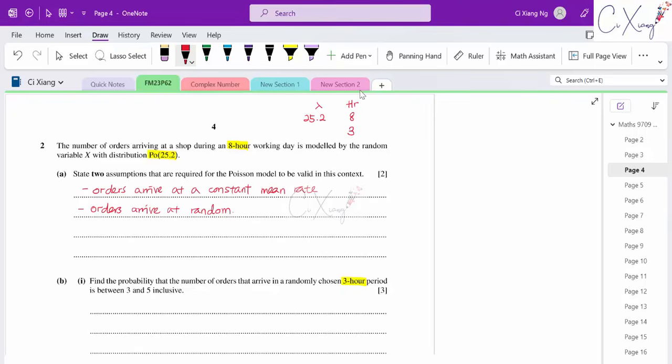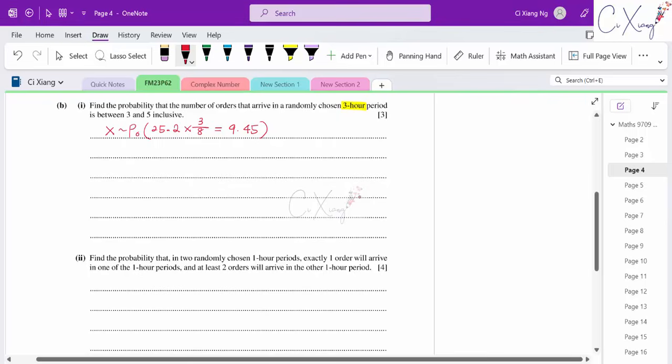To get the lambda for 3 hours, we take 25.2, multiply by 3 and divide by 8. My new lambda for the 3 hours will be 9.45.